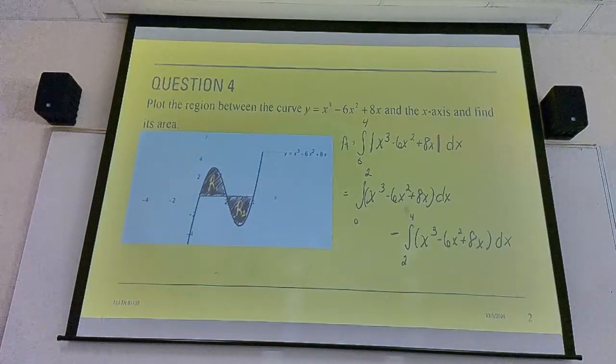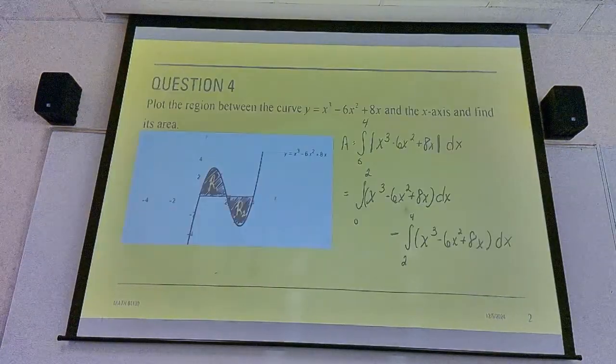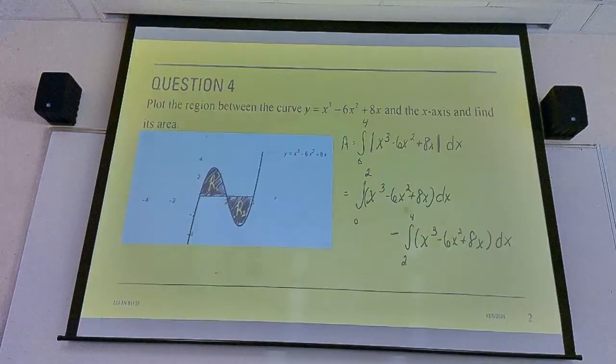Antiderivative for the function. Minus 2x to the third. Minus or plus 4x squared.